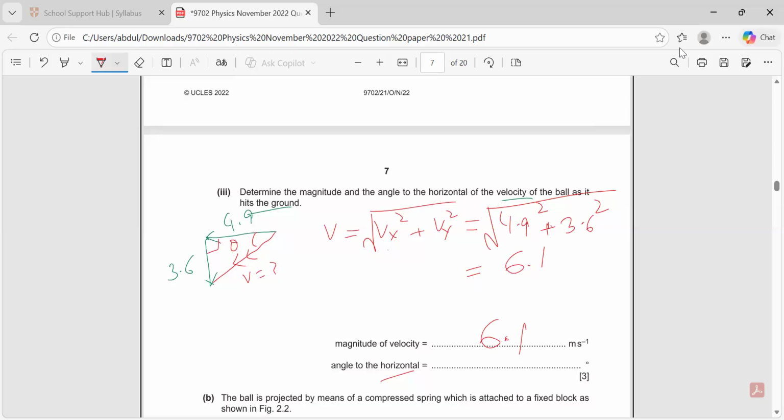Now, the horizontal and vertical components are already given, and we need to calculate the angle to the horizontal. So, my dear friends, very simple. Tangent theta is equal to opposite over adjacent.